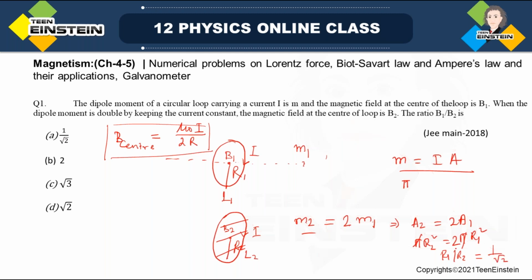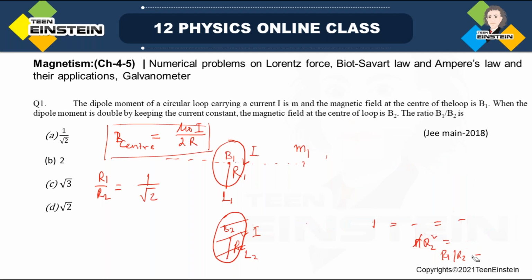So from there we have got a relationship. I'll write over here R1 by R2, that is this. All right, after getting this, we can just put this radius. We'll write the magnetic field at the center for both.